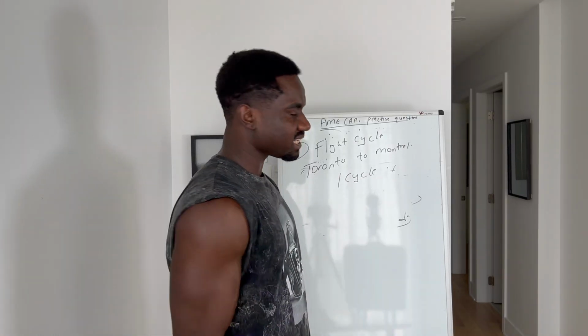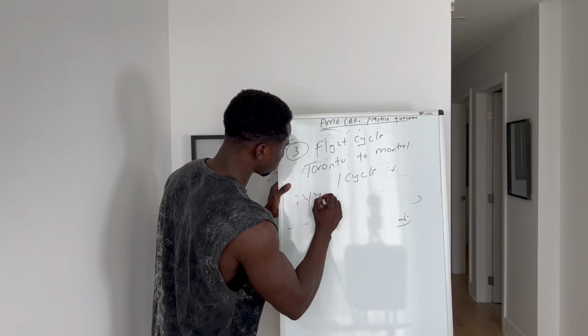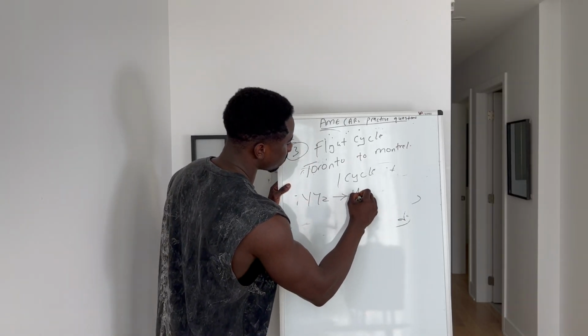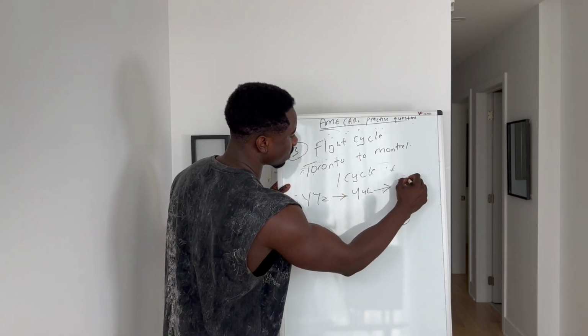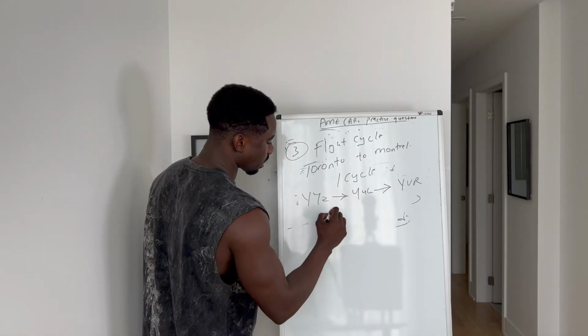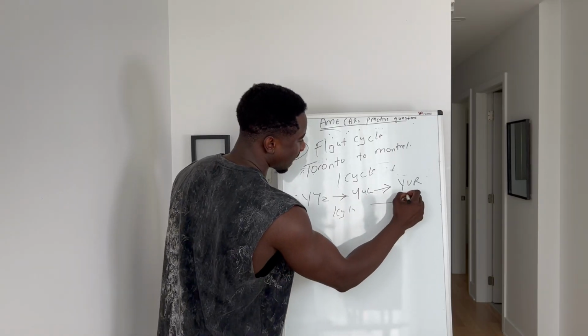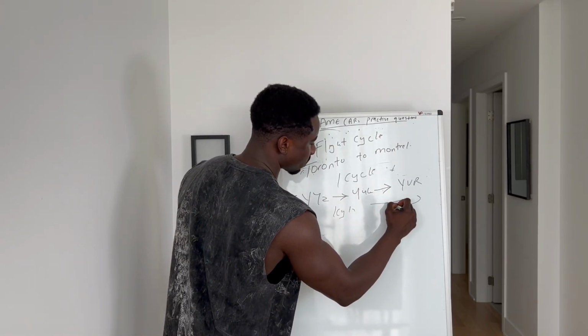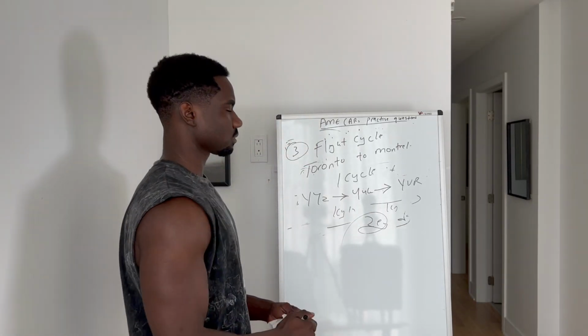So let's now imagine the aircraft is flying from Toronto, so YYZ to YUL, and is scheduled to move from YUL to YVR, so Vancouver, right? From YYZ to YUL, that's one cycle. From YUL to YVR, that's one cycle. So now you have 2 cycles, right?